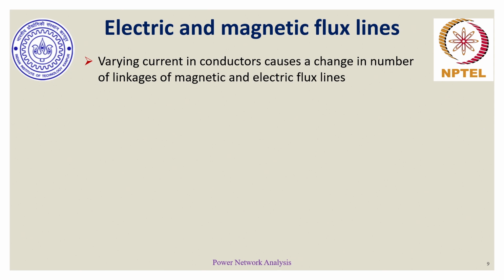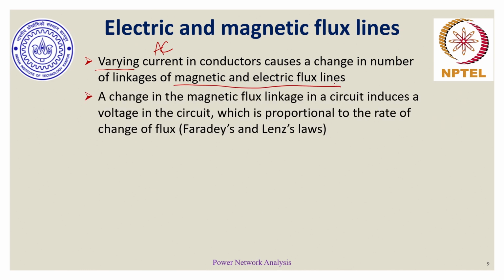A current carrying conductor, which is varying in time because it is an AC current, causes a change in the number of linkages of magnetic and electric field lines or flux lines. And by Faraday's law and Lenz's law, we know, thanks to the transformer and synchronous generator discussions, that a change in magnetic flux linkage in a circuit tends to induce a voltage in the circuit which is proportional to the rate of change of flux.